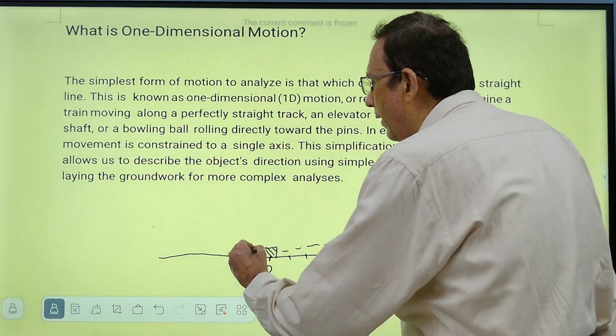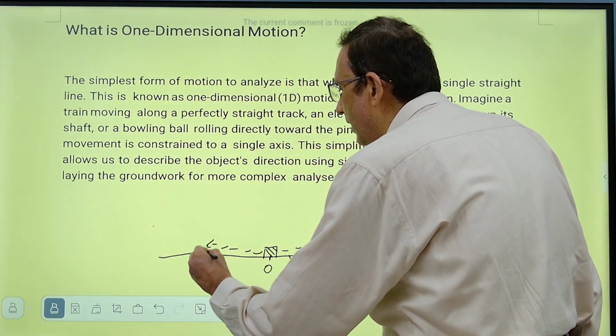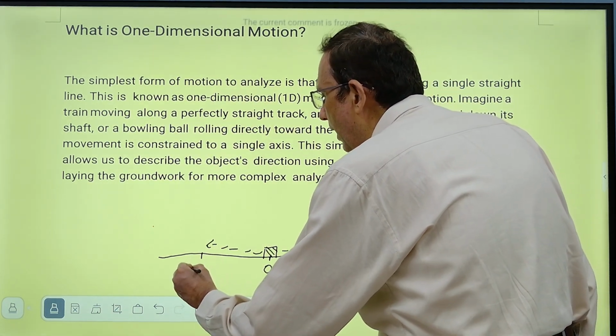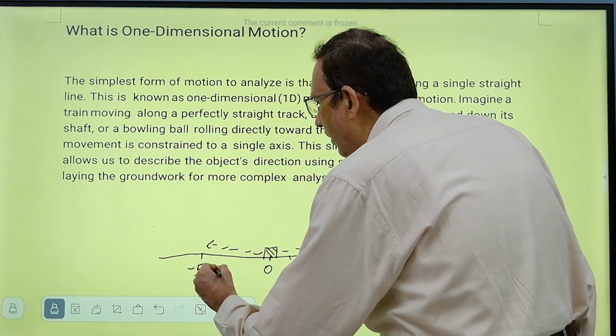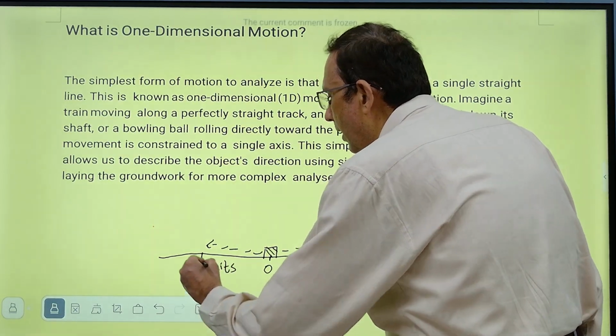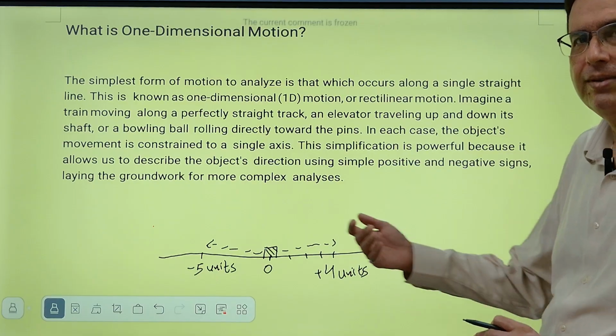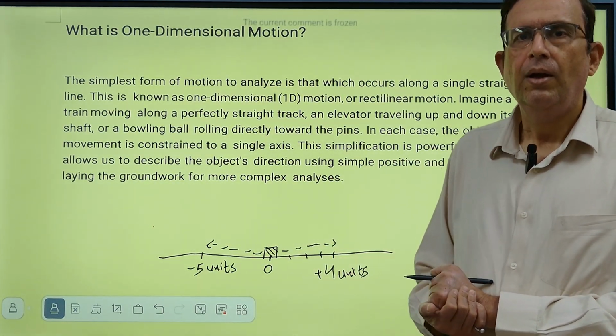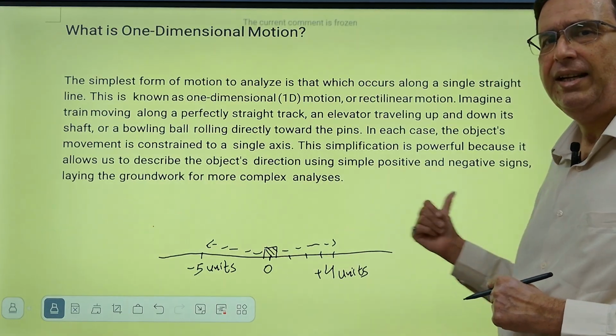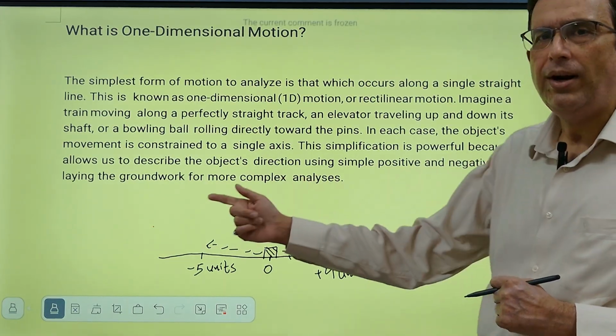Or it can move here in this direction. So let us say it can move approximately 5 units here. So we say it has moved minus 5 units because it is moving towards the left. So in each case, either it is moving towards the east or towards the west.